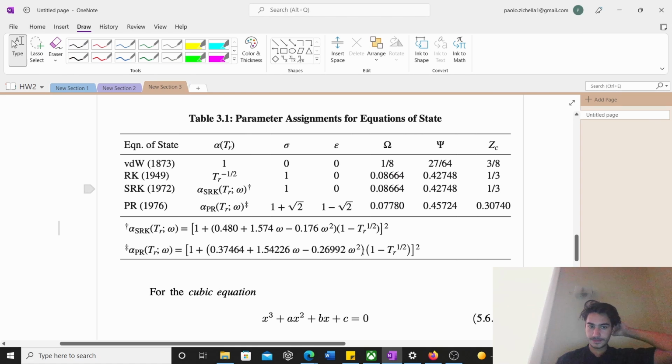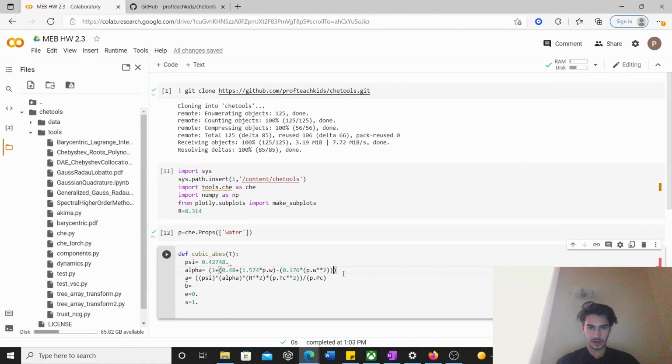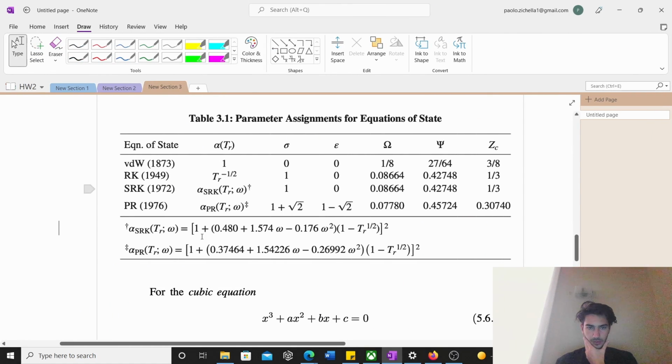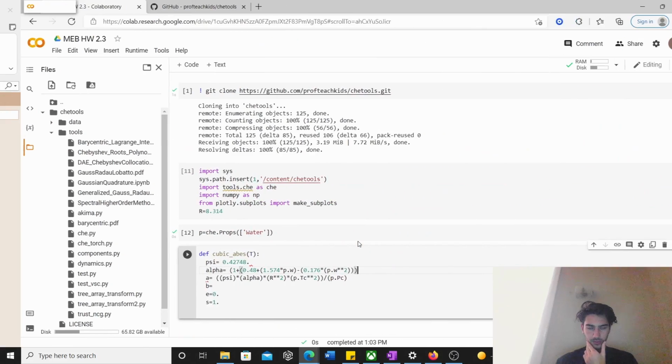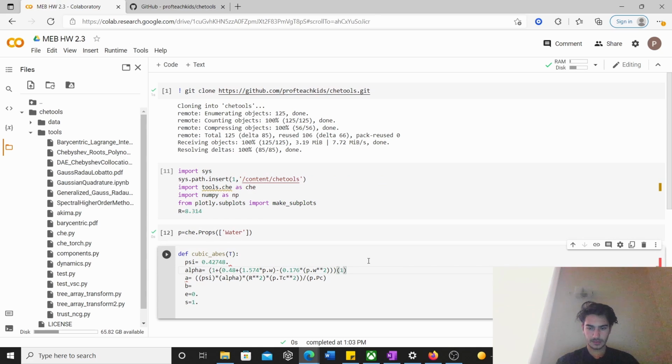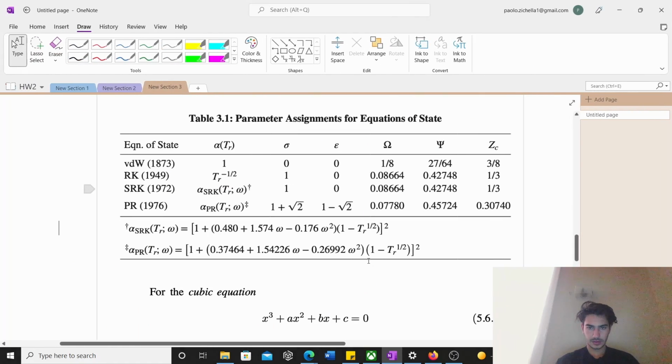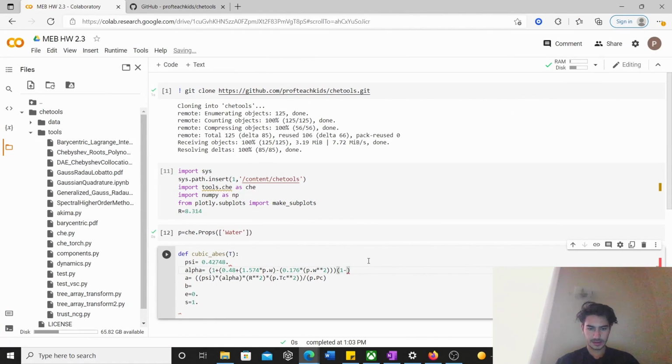And then that is also multiplied by 1 minus TR to the power of 1/2. So we'll have that multiplied by 1 minus TR to the power of 1/2.